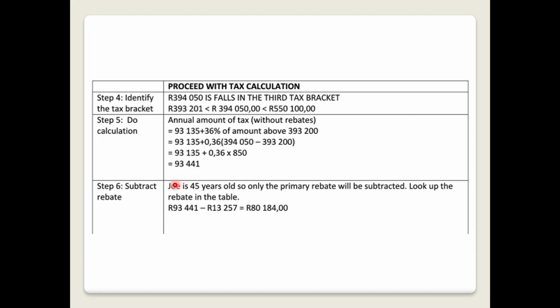Then the next step is to subtract the rebate. He is 45 years old, so according to the tax table, we are only allowed to deduct one, which is the primary rebate. So then we deduct the primary rebate.